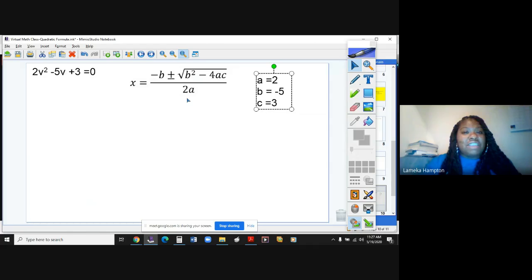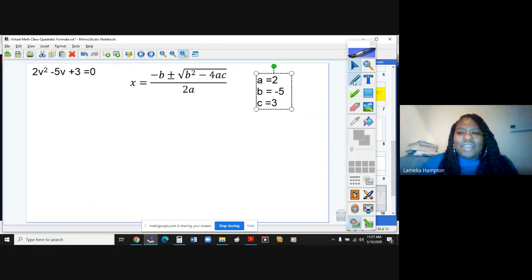So don't be intimidated by the square root sign. Don't be intimidated by the plus or minus sign. That's elementary at this point. Just know that what you do with fractions is you simplify them. So your goal is to simplify that big old fraction into something small.